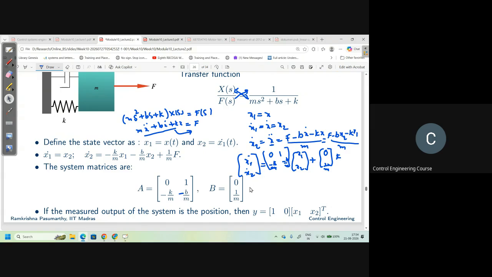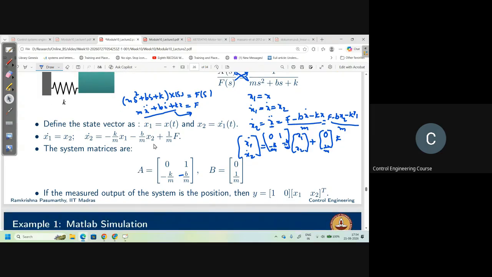And if you are measuring only the state x1, the position, then y is equal to 1 0 times x1 x2. This is your state space representation.